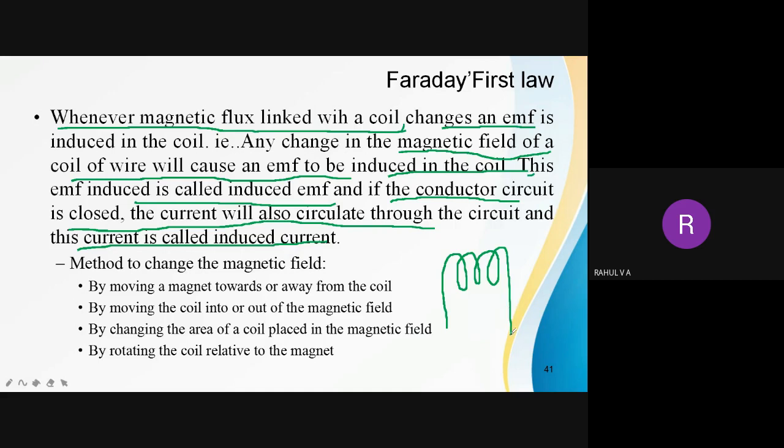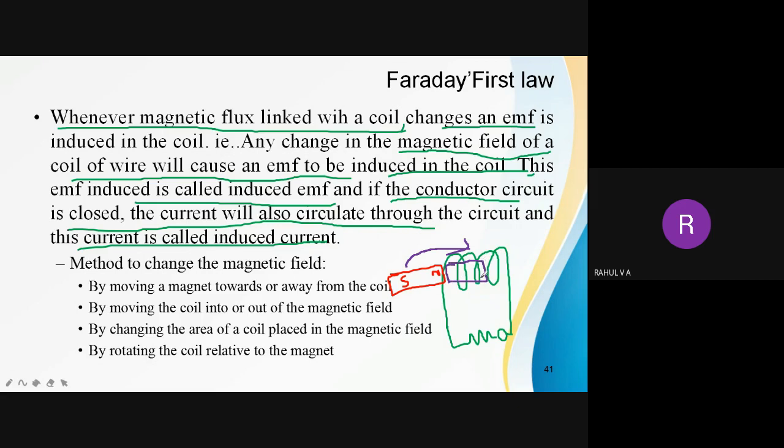So assume that there is a coil, and I am connecting a resistor and an ammeter here. Then I take a permanent magnet, with north pole and south pole. Initially, at this position, there won't be any EMF. Suddenly I move this magnet into the coil. That means there is a change in flux linkages.